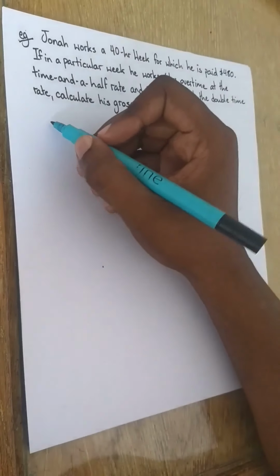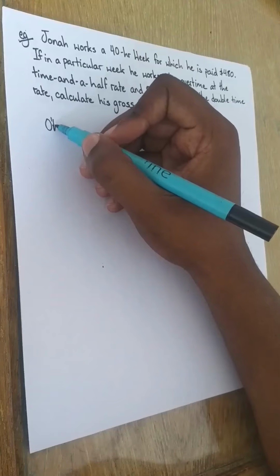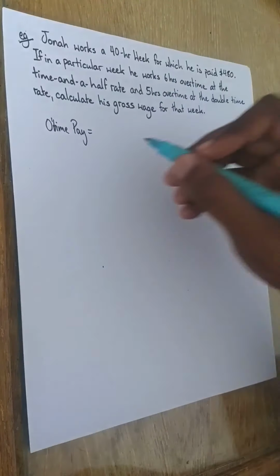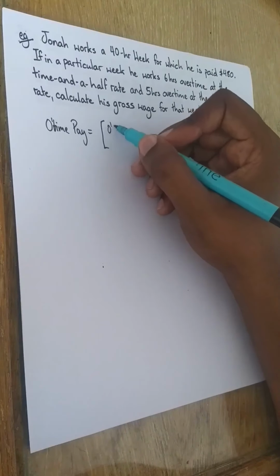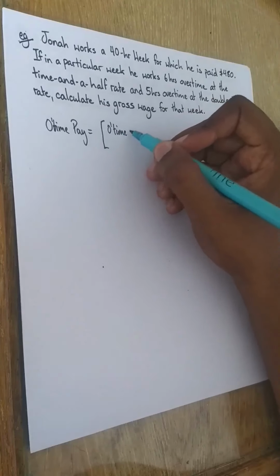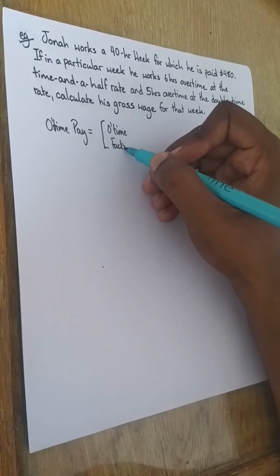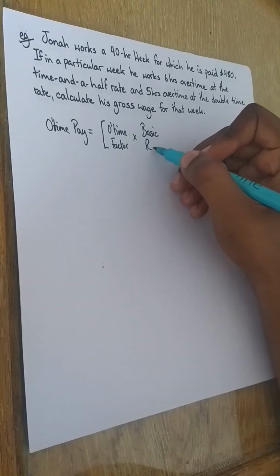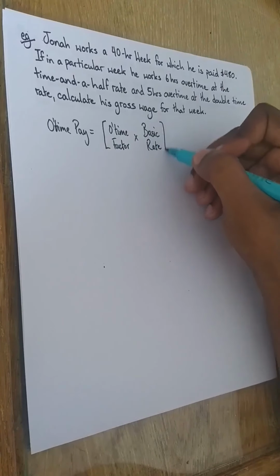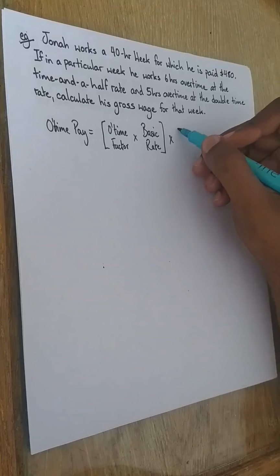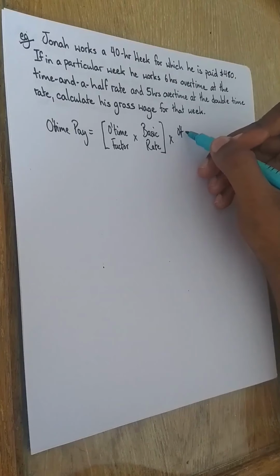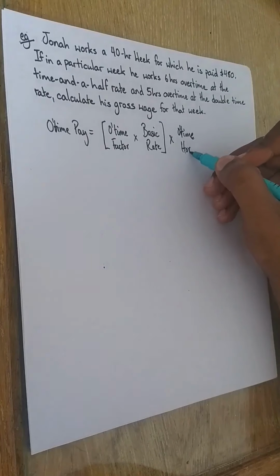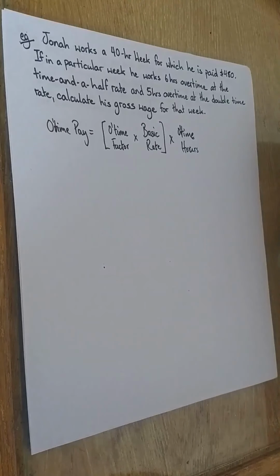Now, his overtime pay, if we go from what we know, is made up of the overtime factor multiplied by the basic rate, and that is all multiplied by the number of hours he works overtime.